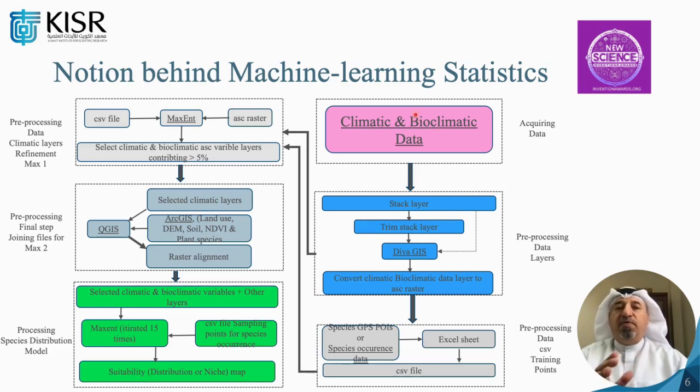From such maps, the factors that are mostly affecting the distribution of the species would be listed. So there is a jackknife analysis, which ArcGIS lacks.